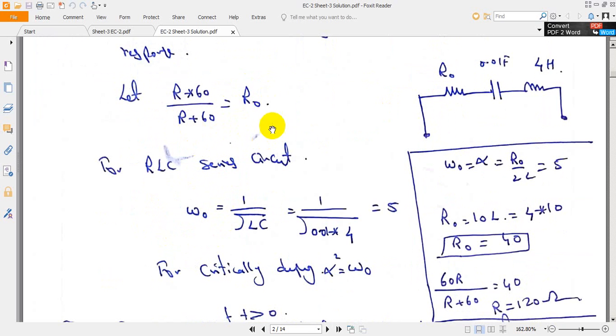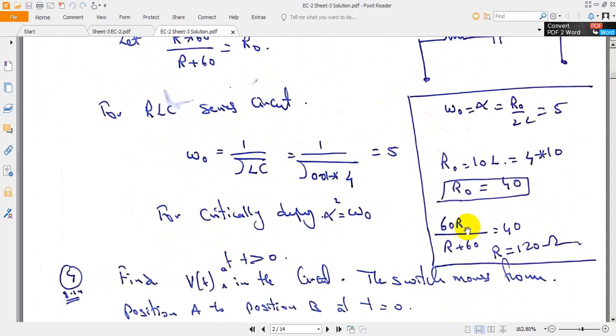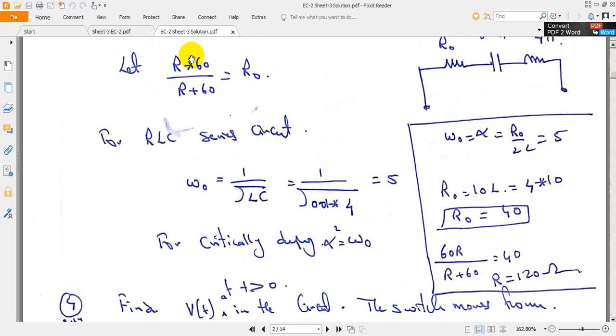As we have evaluated R naught is equal to 40, you can write 60 R by R plus 60 is equal to 40. From here 60 R is equal to 40 into R plus 40 into 60. You will get R is equal to 120 ohms for critically damped condition.